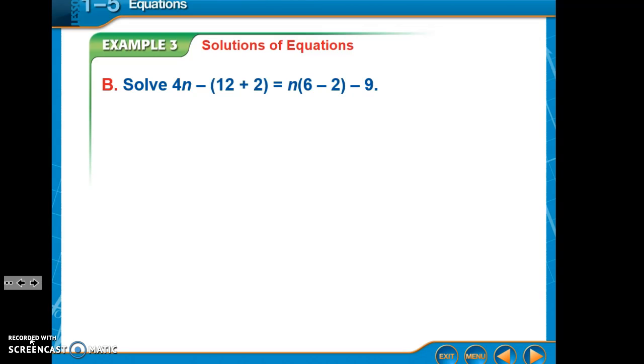Yeah, let's combine all of the stuff that's in the parentheses. We have constants in there, so we can combine them. So we have 4n minus, what's 12 plus 2? And here we have 6 minus 2. Alright, so how can I rewrite this side without parentheses?